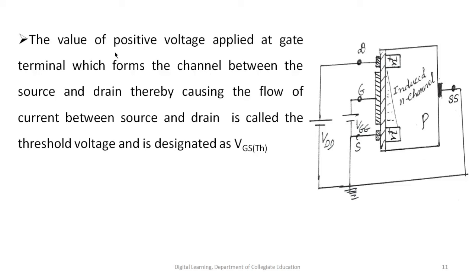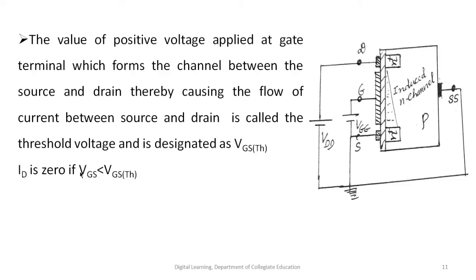So when a suitable positive voltage is applied to the gate terminal, which forms the channel between the source and drain and causes the flow of current, that is called the threshold voltage and it is represented by VGS-TH.